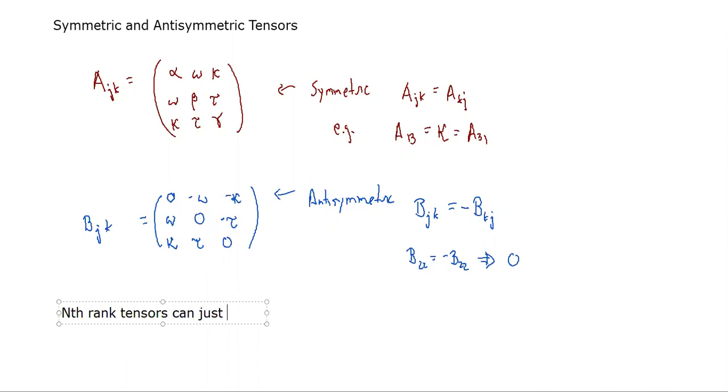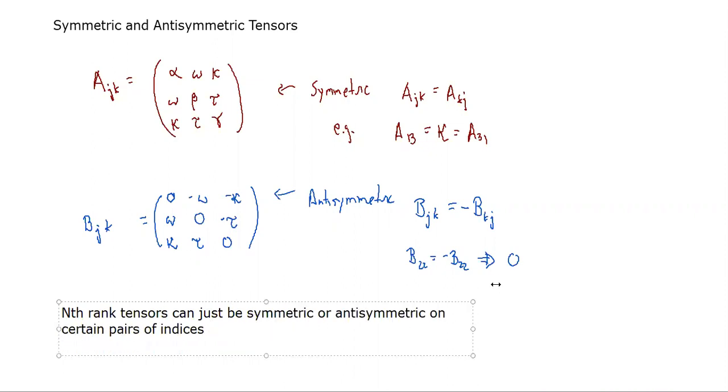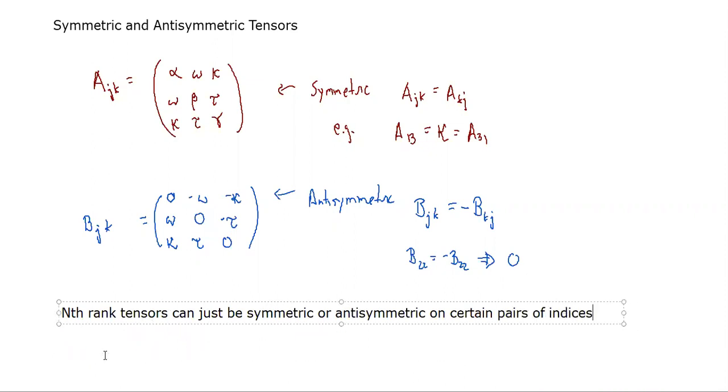They can just be symmetric or antisymmetric around certain pairs of indices. And there are physics implications of that.